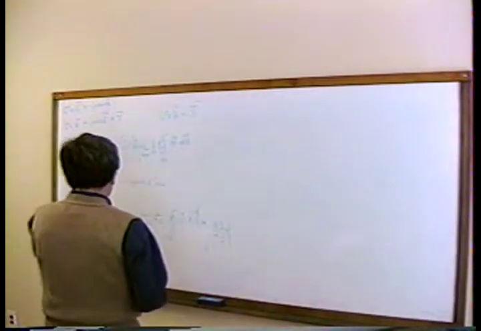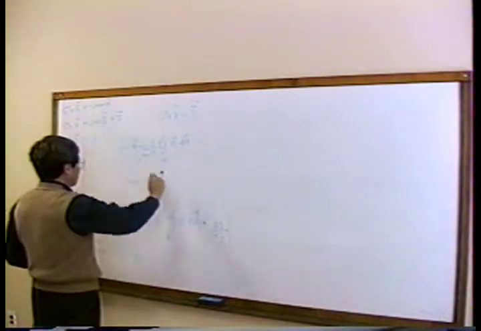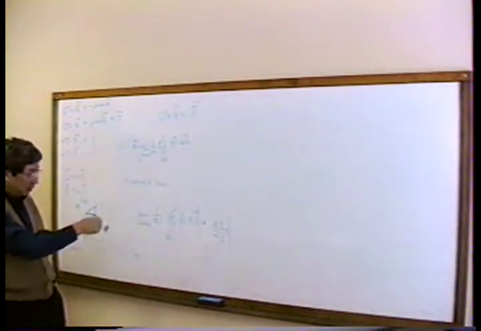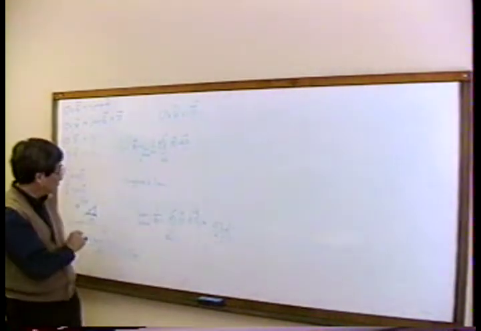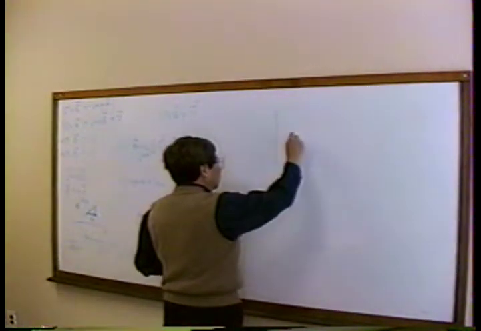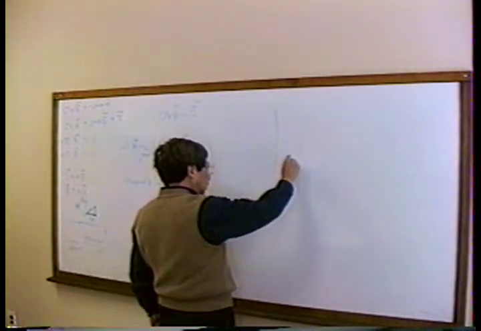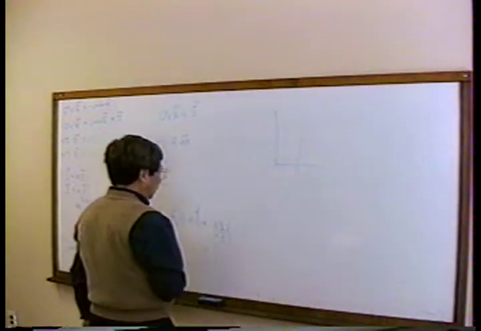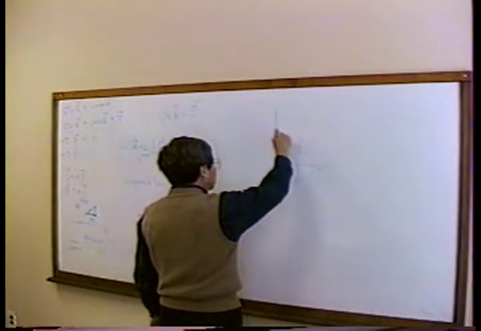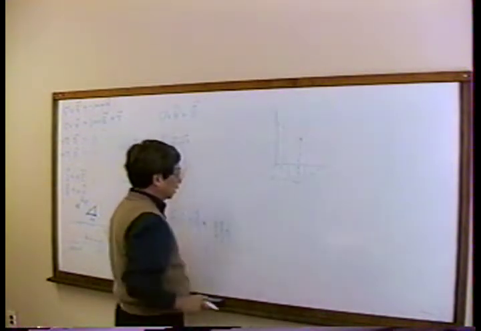Now what I want to do is to see how I can translate this definition into d by dx, d by dy, d by dz, that sort of thing, just like what we did for the divergence. So what do you do? Here is a point here. It has coordinates x, y, z.